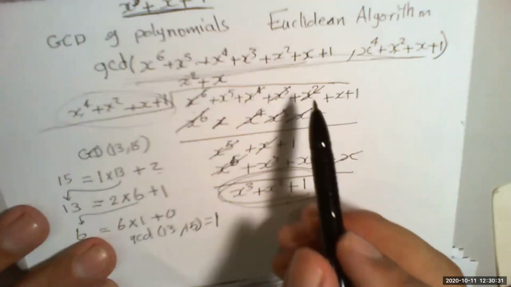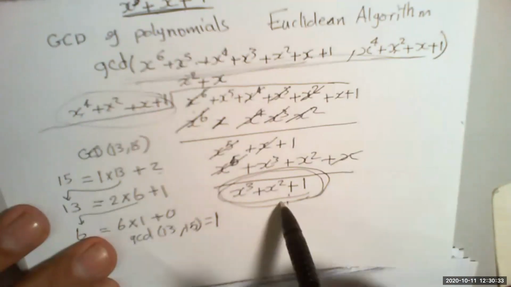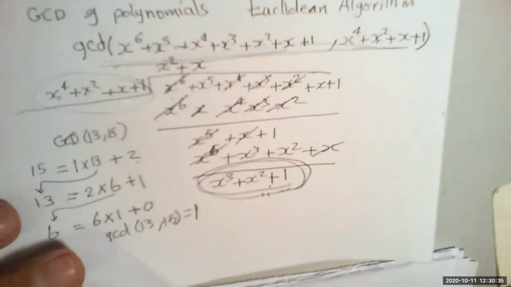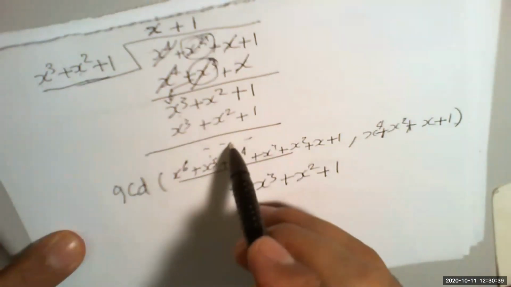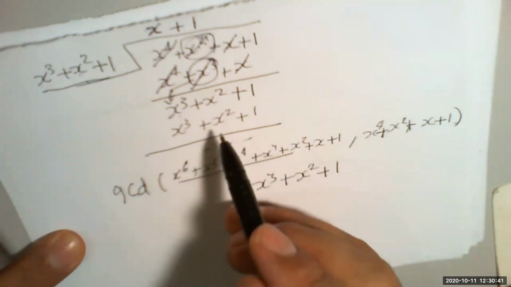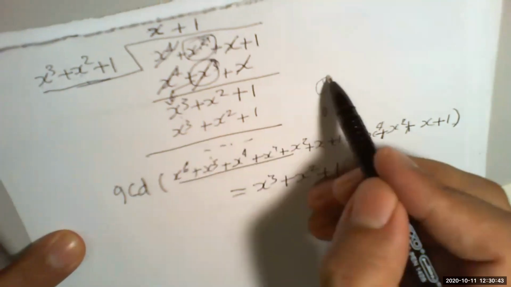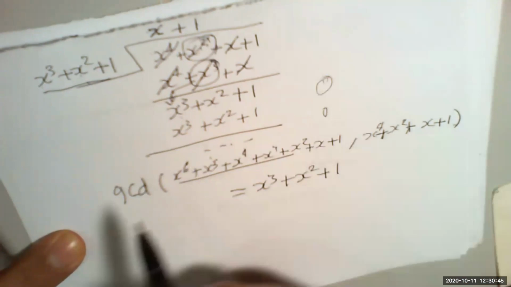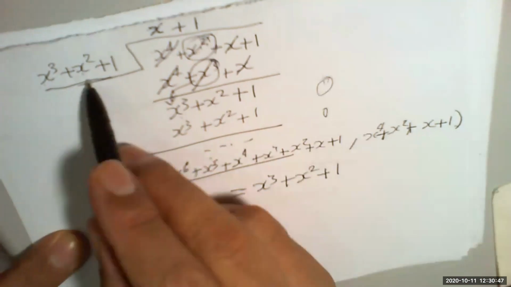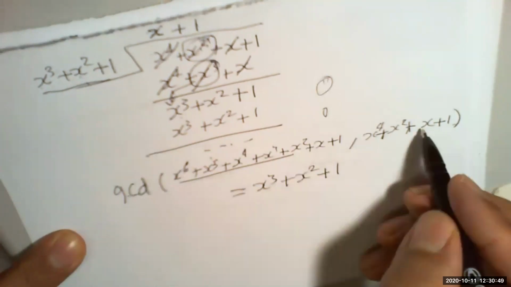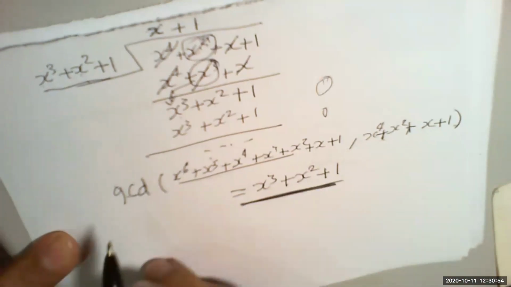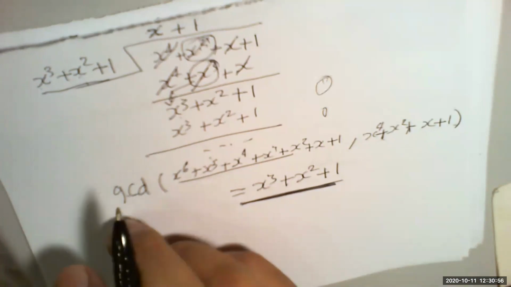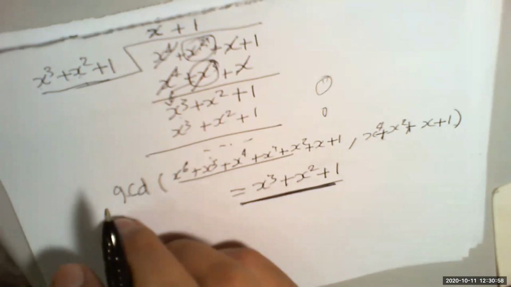We divide that polynomial by that, and I get this remainder. And I divide that by that, and I get 0. So the previous remainder is the GCD. The previous remainder is that one. So the greatest common divisor of these two polynomials is that polynomial. This is the Euclidean algorithm to get the greatest common divisor of two polynomials.